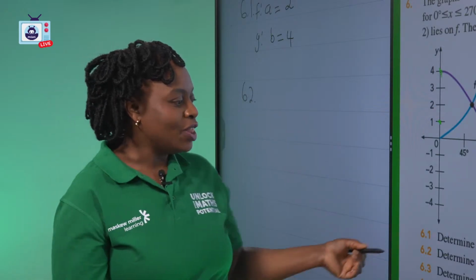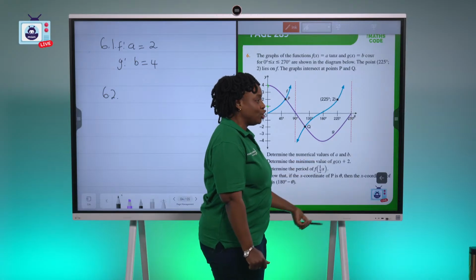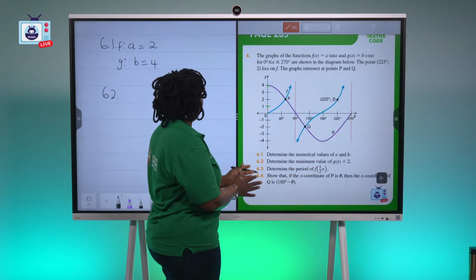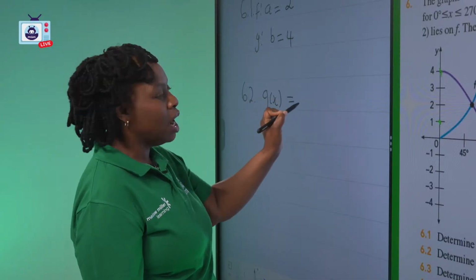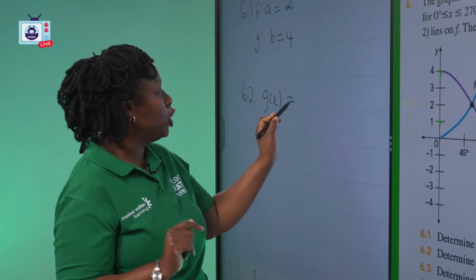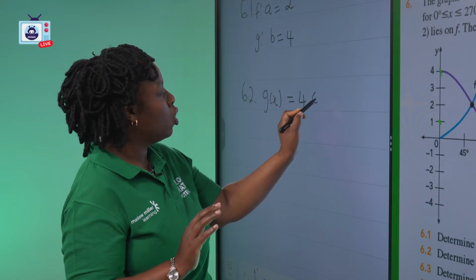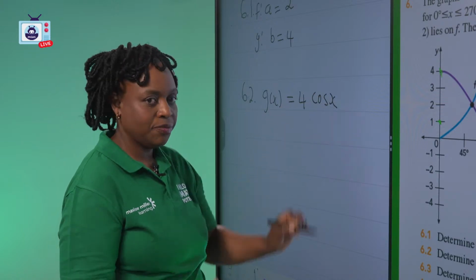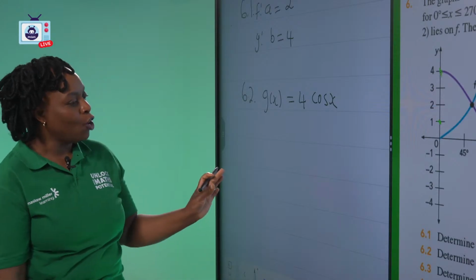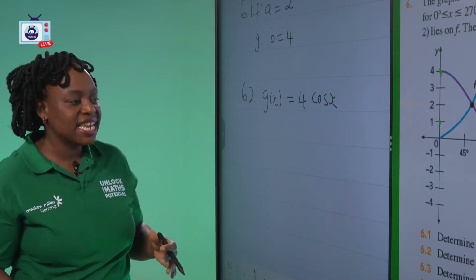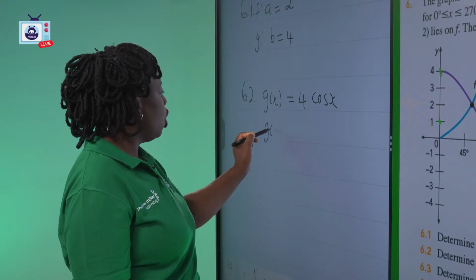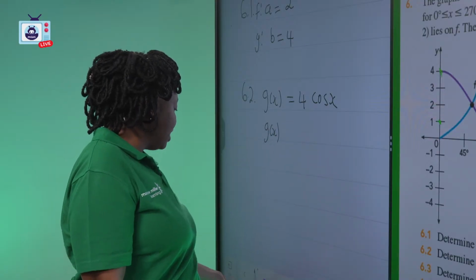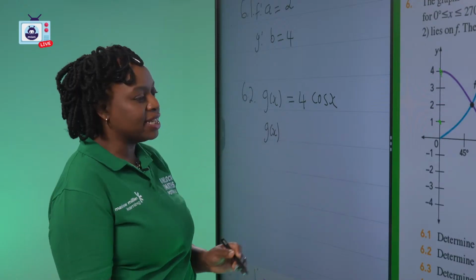Okay. So determine the minimum value of g. Right, so now our g graph, g of x equals, now we're not going to say B anymore. We're going to say 4 cos x. So that is 4 cos x. But now what they're saying is that this g has an impact. It's now g of x plus 2. Somehow our g of x had an addition.